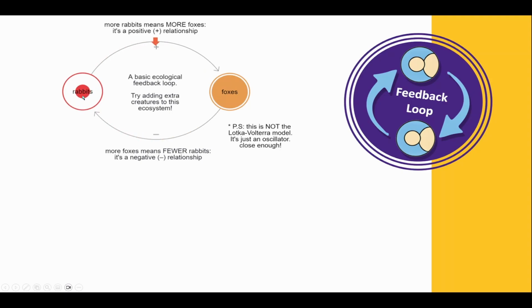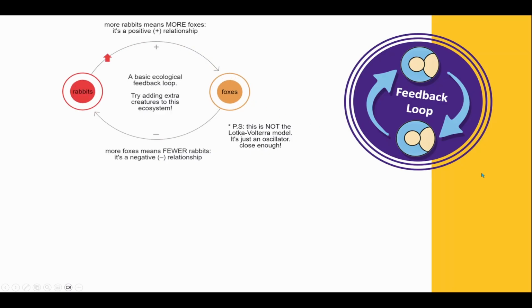As a result of this decline in rabbit population, food decreases for the foxes, and fox population declines as well. Because of the fox population declining, there's no more hunting, and as a result, rabbit population increases, and this feedback loop continues.